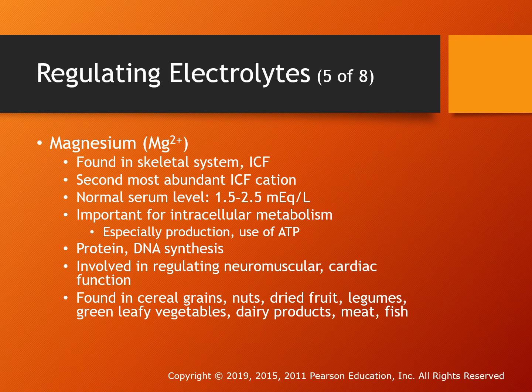Magnesium is found in skeletal muscles. It's the second most abundant intracellular cation, 1.5 to 2.5, and it helps intracellular metabolism. It helps with protein and DNA synthesis in the cells and regulates neuromuscular and cardiac functioning.